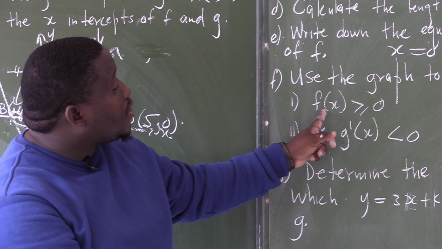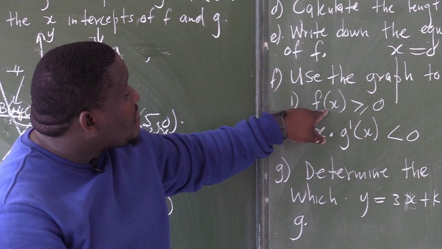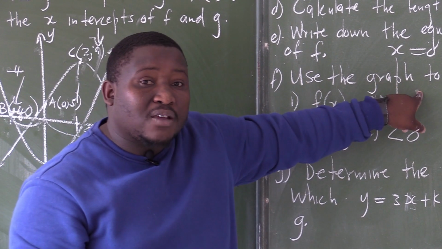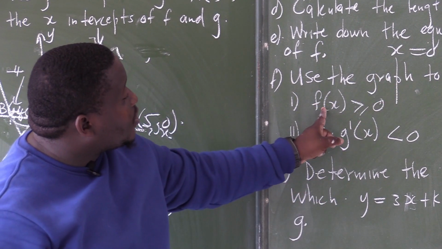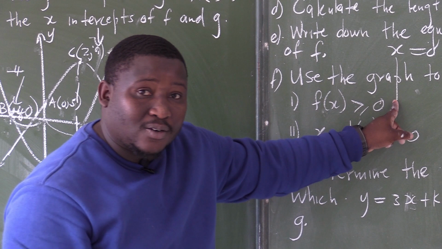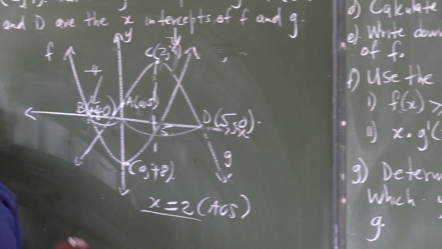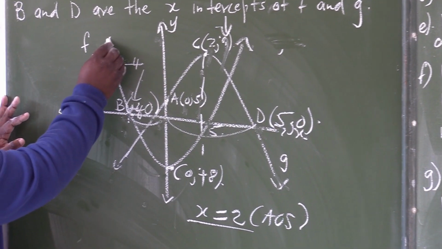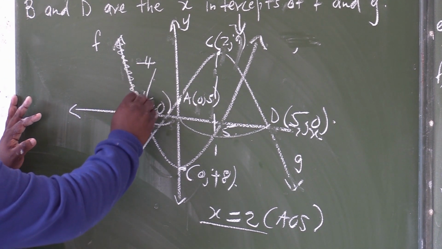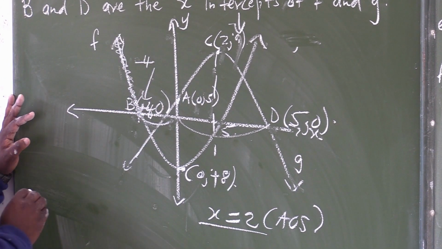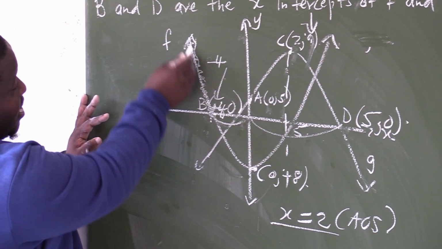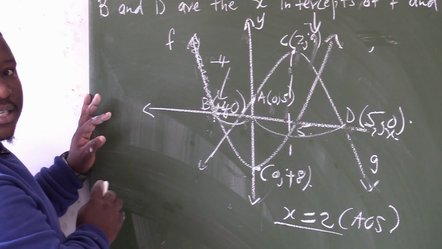So here we want the values of x where the graph of f has y values that are positive or equal to 0. If you look at the graph here, this graph has positive y values here. It means in this region f is greater than 0.